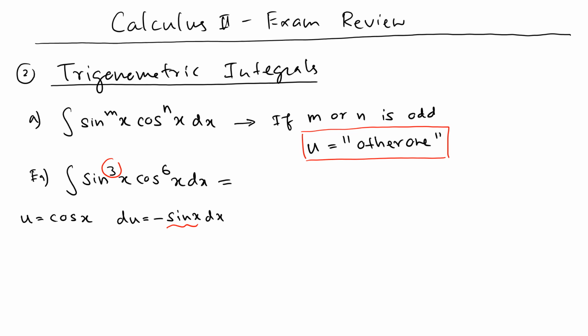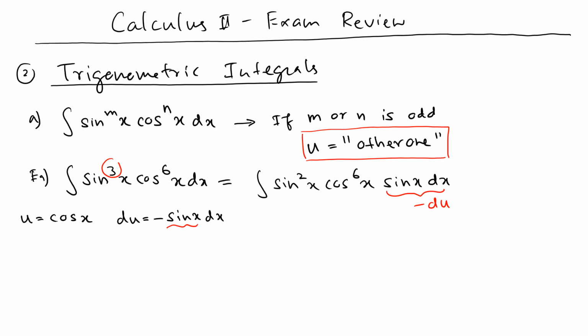So we can rewrite this integral like this: sine squared x, cosine 6x, and then we leave one sine term here, because that's the one we pulled for the derivative part. We are not going to touch that, because this is simply the negative du, with the negative sign coming from the derivative.